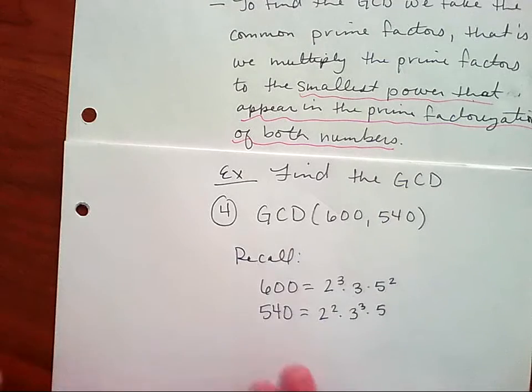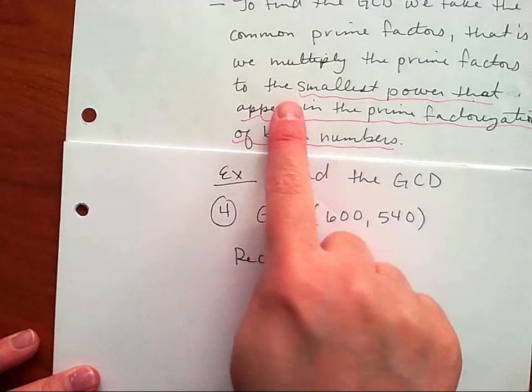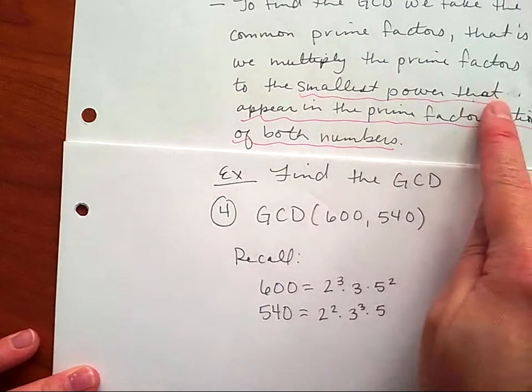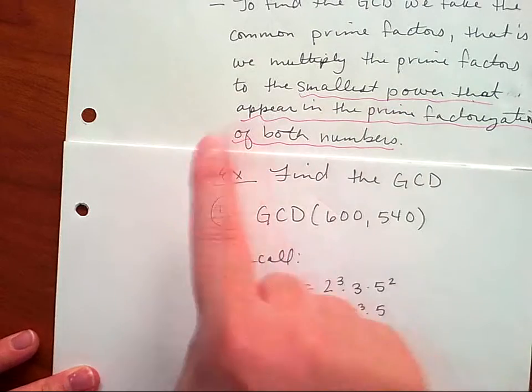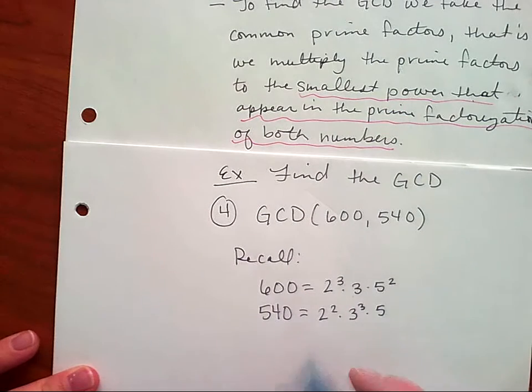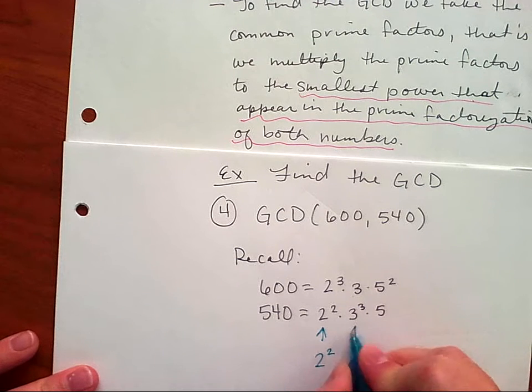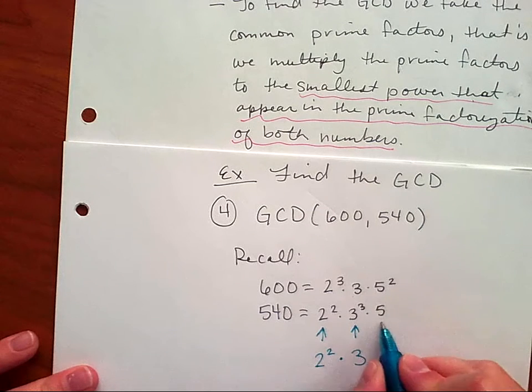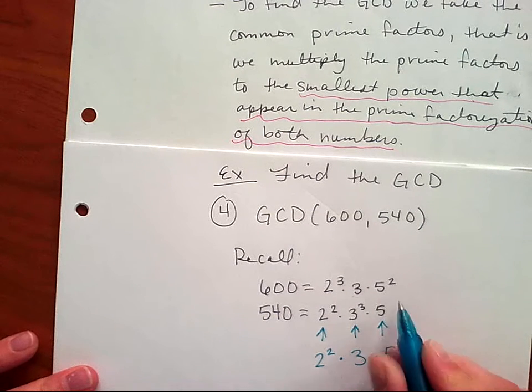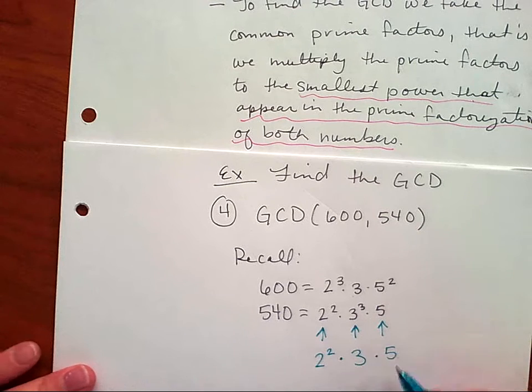Okay, so now I have the prime factorization of each. I'm looking for the smallest power that appears in the prime factorization of both. I have 2. What's the smallest power that appears? 2 to the second. Squared. I have 3. What's the smallest power that appears? 3 to the first, right? I have 5. What's the smallest power? 5 to the first, right? I'm writing down the smallest power that appears.